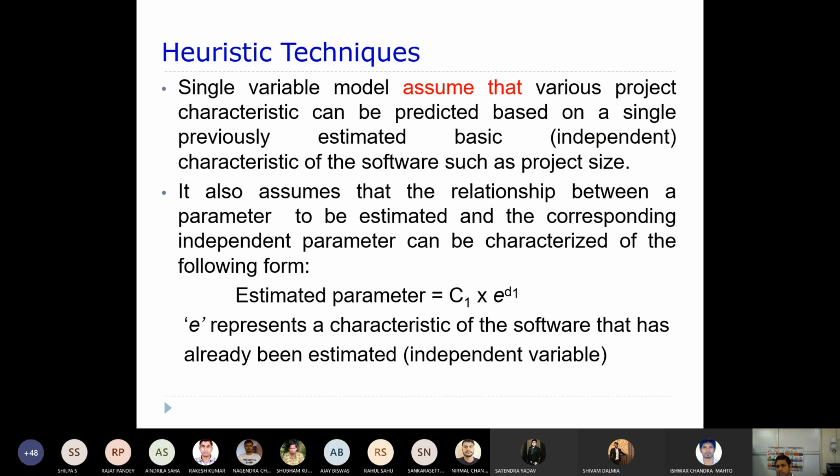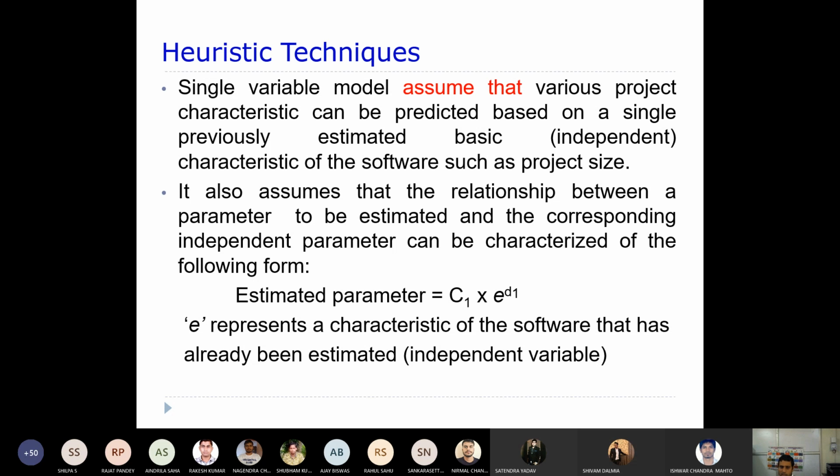So a single variable model assumes that various project characteristics can be predicted based on a single previously estimated basic independent characteristic of a software, such as project size. Let's say the estimated parameter can be given by this expression: C1 multiplied by E to the power of D1, so D1 is an exponent.